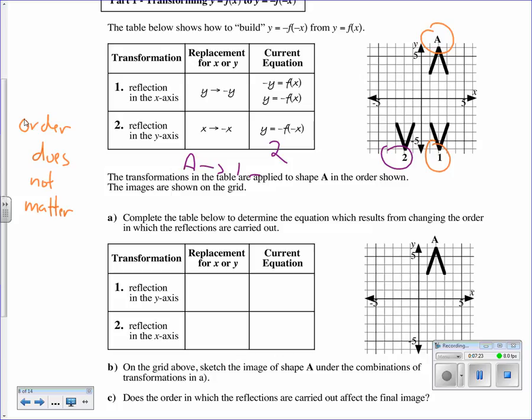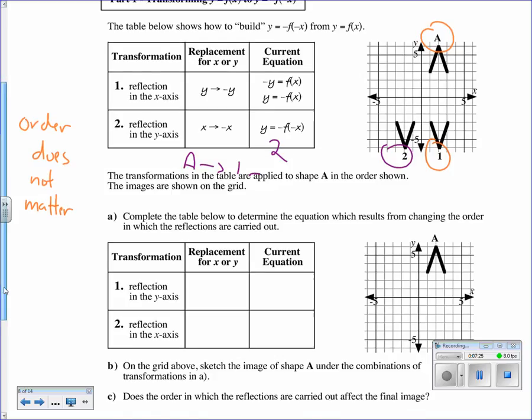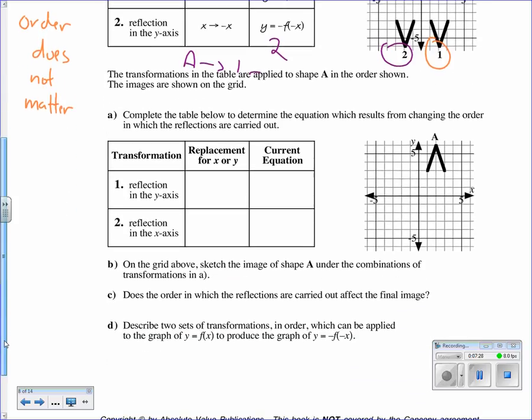We want to try that in the opposite order, trying to prove that order does not matter. So reflecting in the y-axis, remember x has to be replaced with minus x, and reflecting in the x-axis means that y is going to get replaced with minus y. So track those reflections.